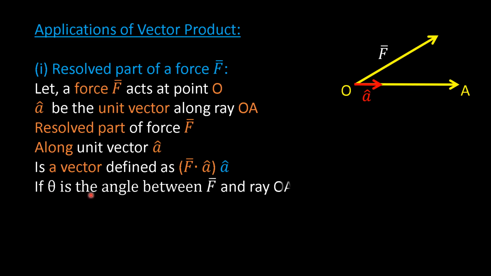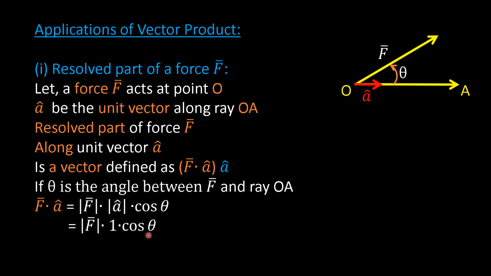If theta is the angle between F bar and ray OA, this angle, then F bar dot A cap will be a dot product, which will be mod F bar multiplied by mod A cap cos theta. Now mod A cap will be 1. So F bar dot A cap will be mod F bar cos theta.